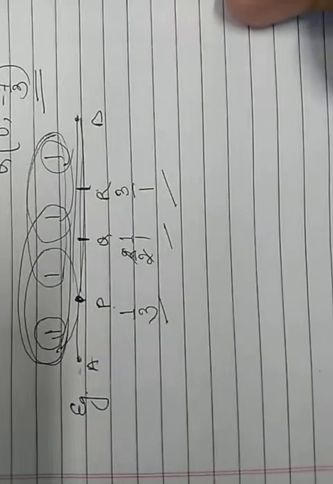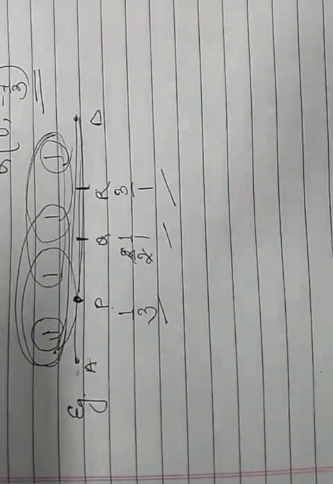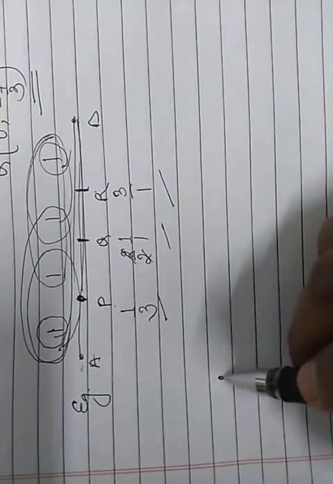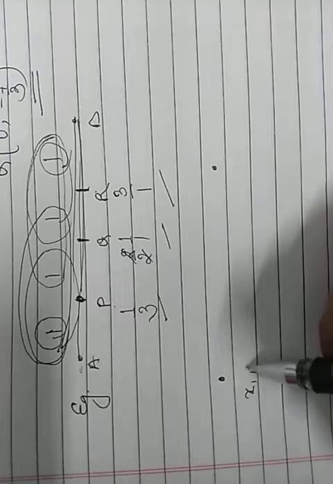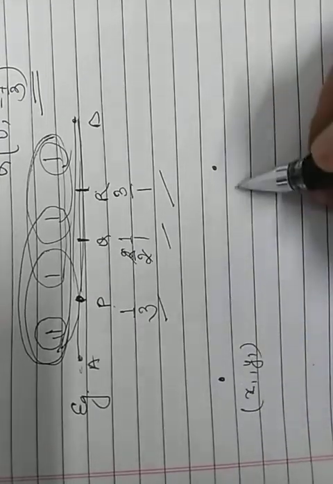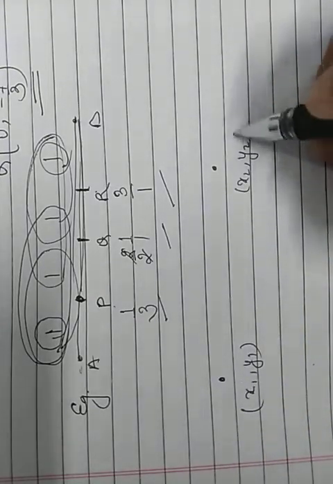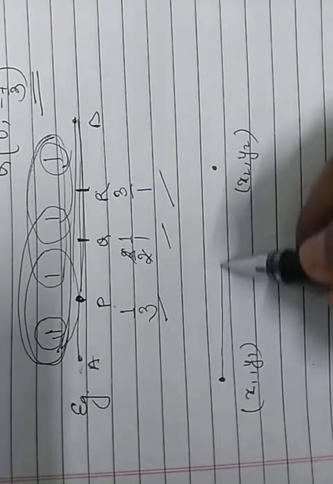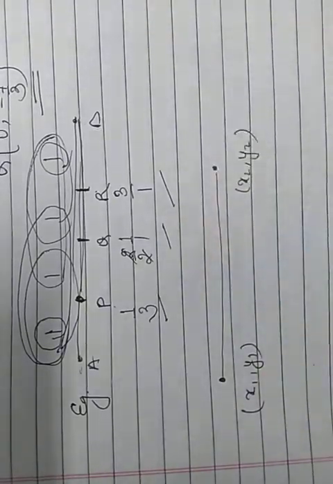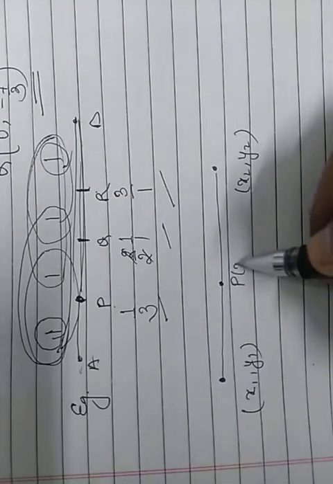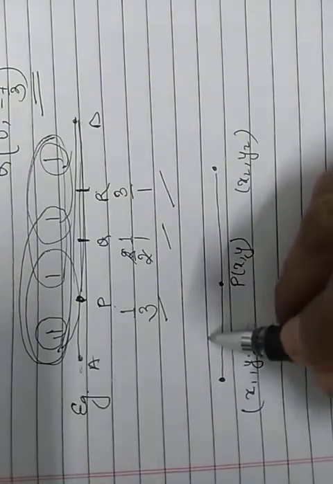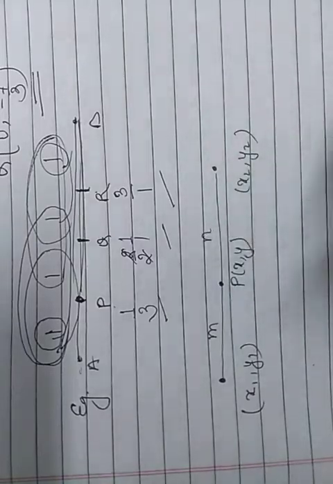Now the another kind of category I told you, that when 2 points are given with coordinates x1, y1, x2, y2, and a point is given with coordinate x and y, and we have to find the value of m and n.